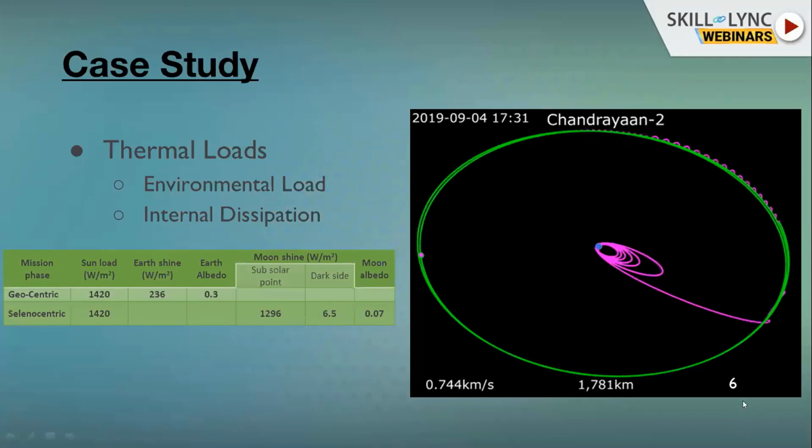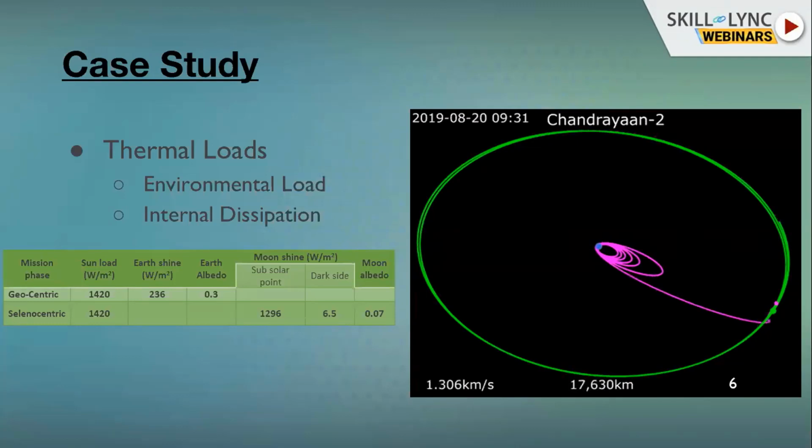Now, at this point, when your spacecraft is between the sun and the moon, it will face the situation like there are two suns heating the spacecraft. Now, while your spacecraft goes to the dark side of the moon while orbiting, there's a flux of only 6.5 watts per meter square. And moon albedo, which is the reflected light from the sun, is around 0.07.